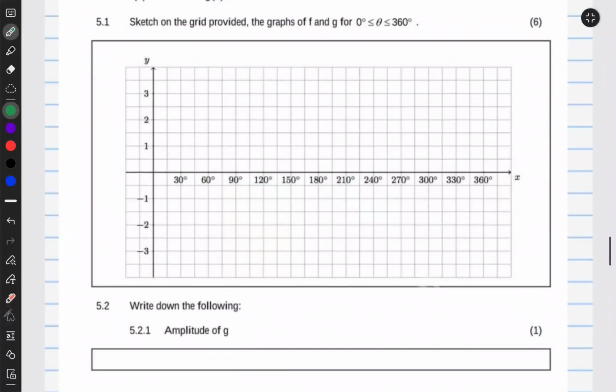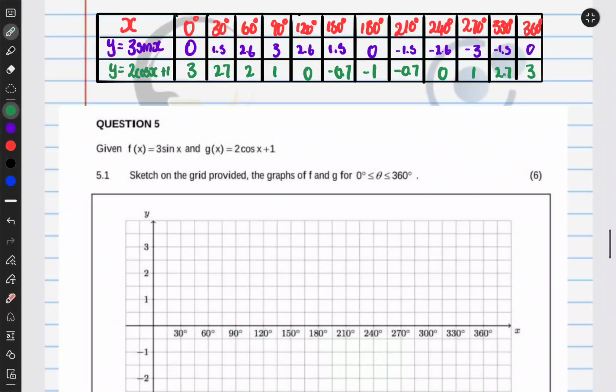Okay, now we have our points. It's a bit tedious to do all the points, but we are finally done.